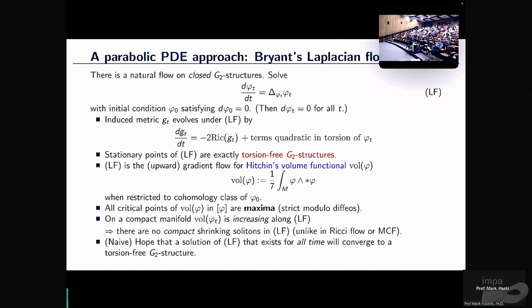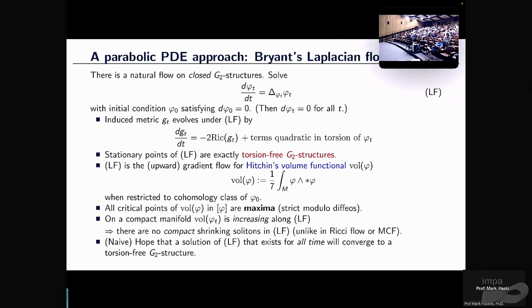In particular, I can't have compact shrinking solitons in Laplacian flow, which is very different from Ricci flow or mean curvature flow, where, for instance, you can take a round sphere in either case, and that's going to shrink homothetically. So there are some obvious differences with Ricci flow and mean curvature flow.